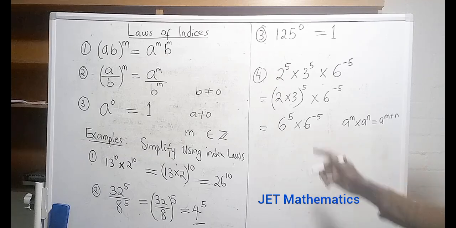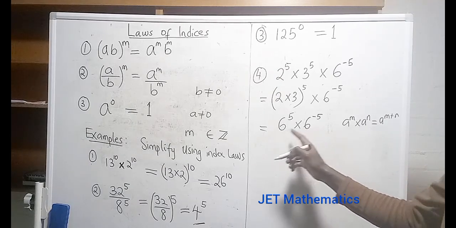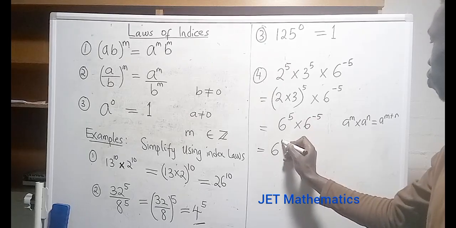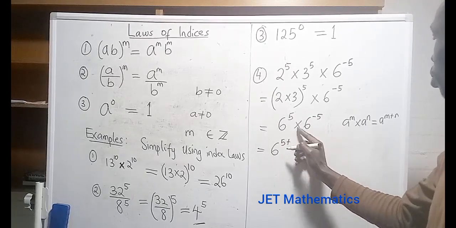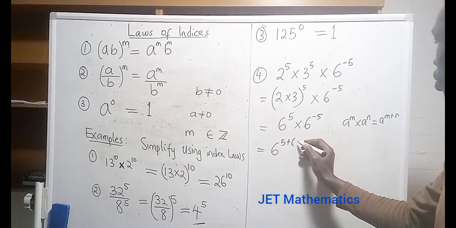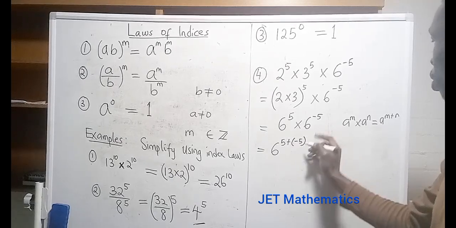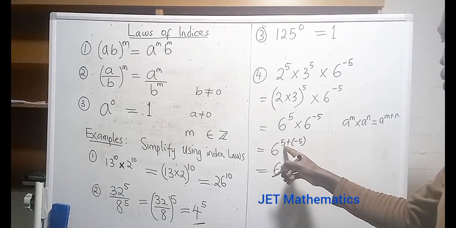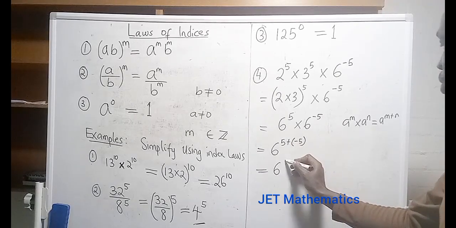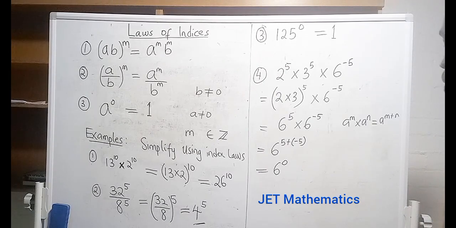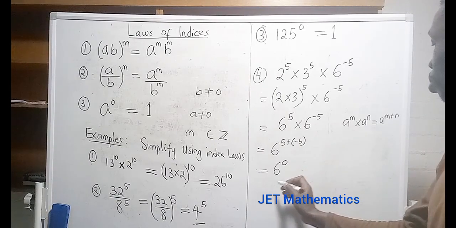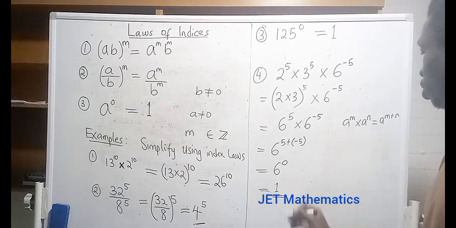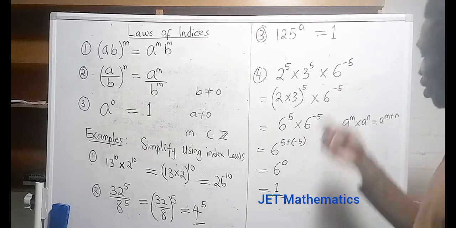We apply this law here since they have the same base. So we take 6, then 5 plus, since it's multiplication it is plus, then minus 5. Here 5 plus minus 5 is 0. And 6 raised to the power 0 is 1. So that's the result for this problem.